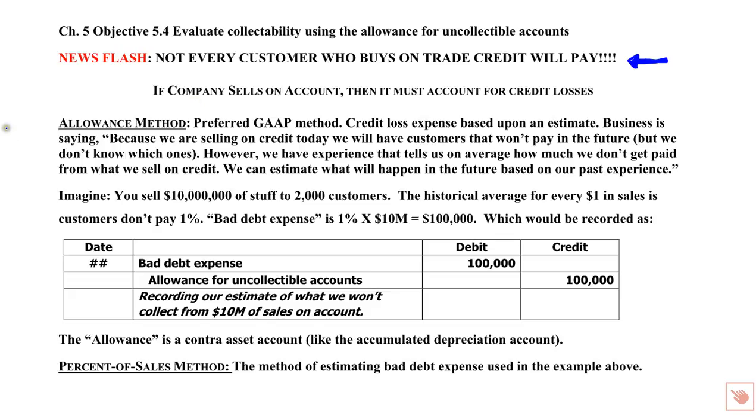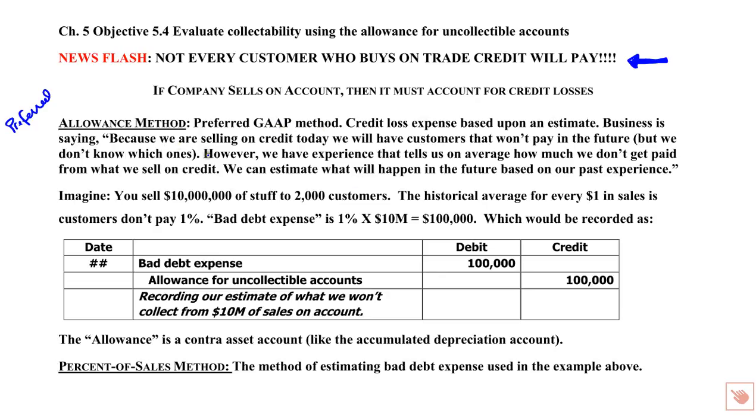The preferred method. In GAAP, there are preferred methods, there are required methods, there are permitted but not required methods. Allowance is the preferred method. There is another method, but basically, if you do any credit sales, you're going to use the allowance method.